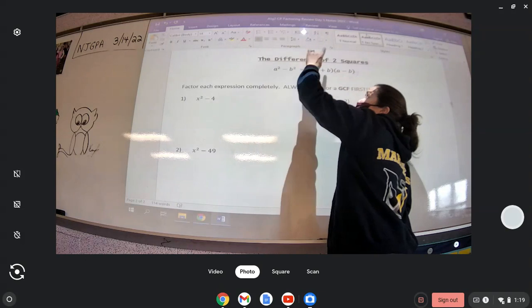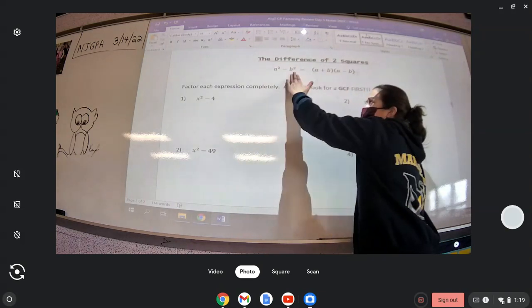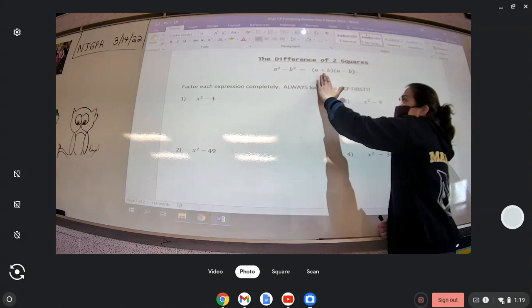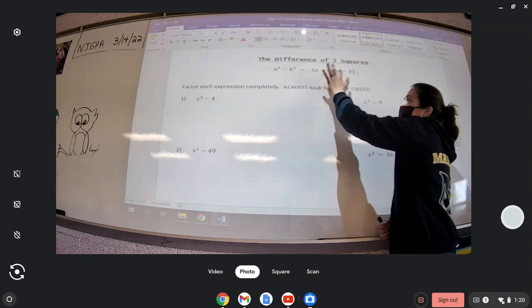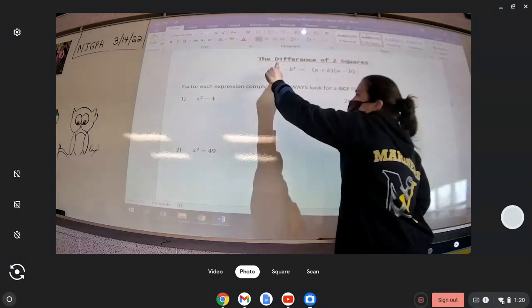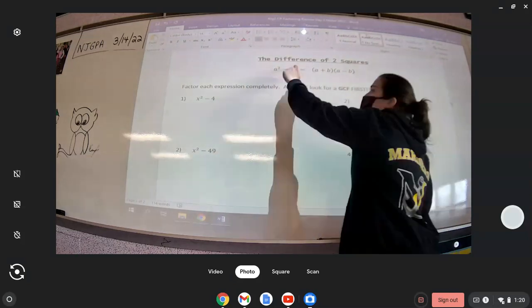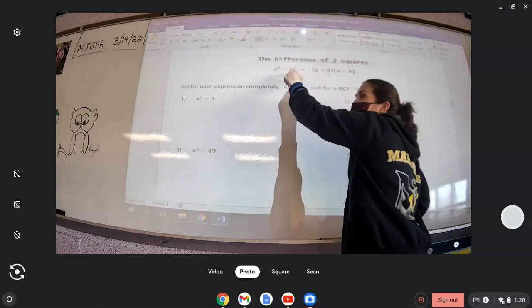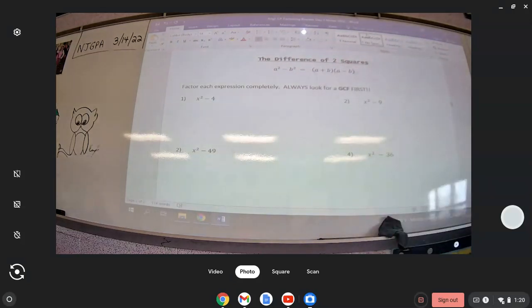If you are asked to factor the difference of 2 squares, then they always factor to a plus b and a minus b. So basically, they factor to the same factors. One is positive, one is negative. So guys, if this is a squared, square root him, you need a and a. If this is b squared, square root him, get his b, you need b and b. So the numbers that you need are just a square root away. It's not going to take any guessing and checking.